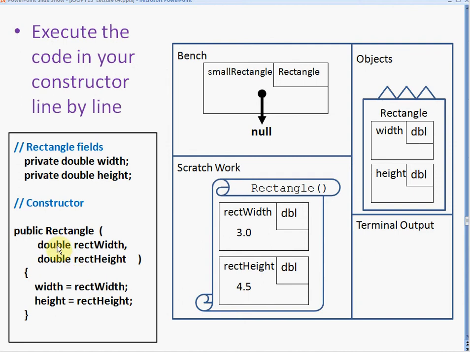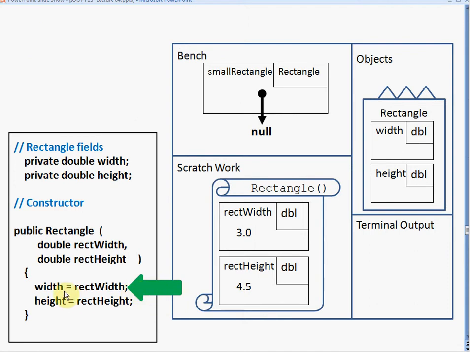The next thing you do is you actually start to run your constructor method. So we start on the first line and we just go through it line by line. So we start here, width gets rect width. Now when you're running a constructor method, or any method for that matter, when you are looking for a variable, like in this case we evaluate the right-hand side, put the answer in the left, we evaluate rect width, we want to find the rect width variable and find out what its value is.